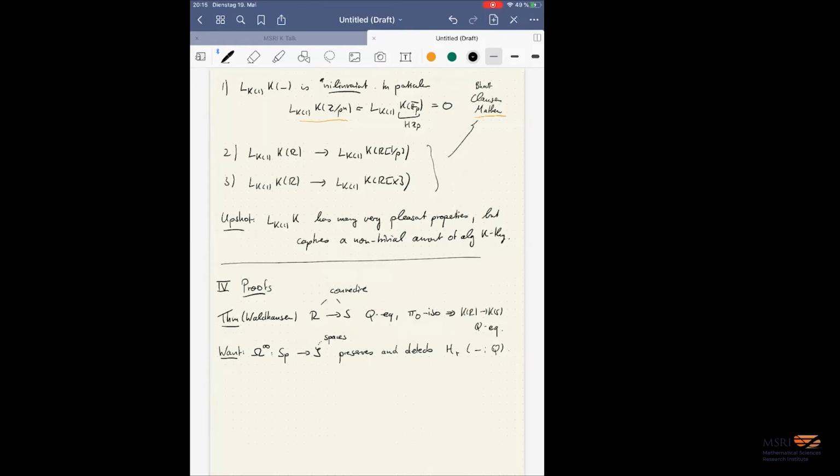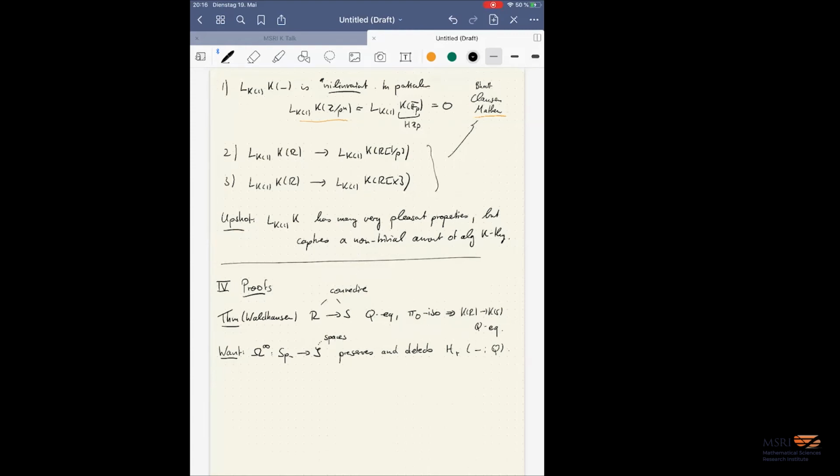Okay, so I said this is something we want. In this form it is not true, but it's nearly true. From a purely categorical perspective it should be a little bit weird, because homology is something which plays well with cofiber sequences. In spectra, cofiber sequences and fiber sequences are essentially the same, but in spaces they certainly are not. And omega infinity plays well with fiber sequences, but not with cofiber sequences. So there's something non-trivial going on. So what's this non-trivial thing?